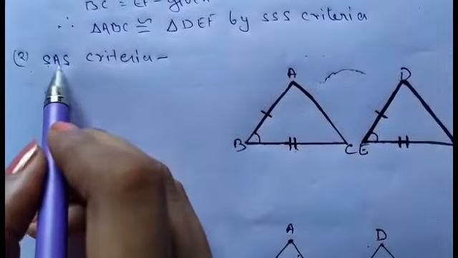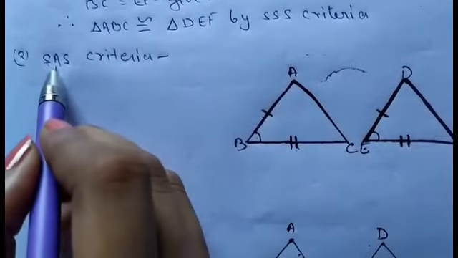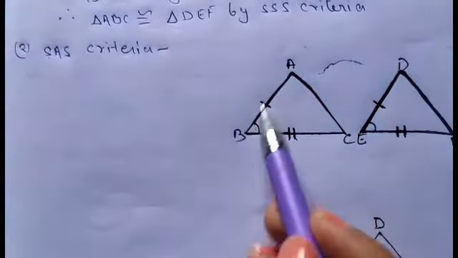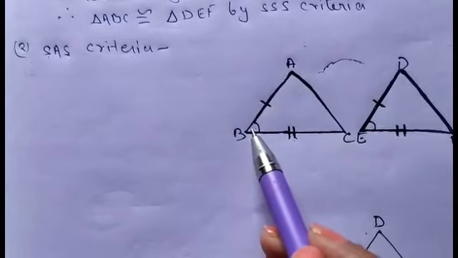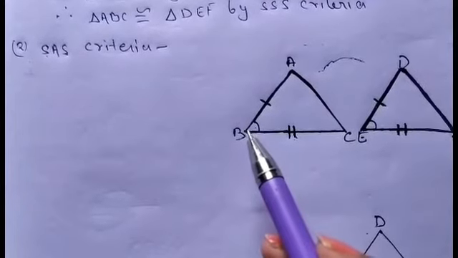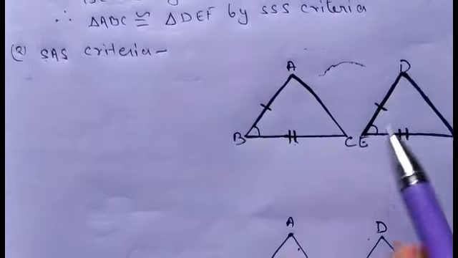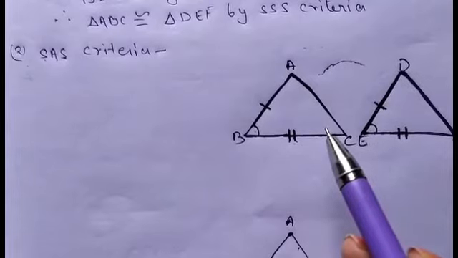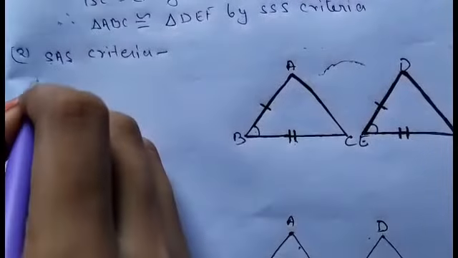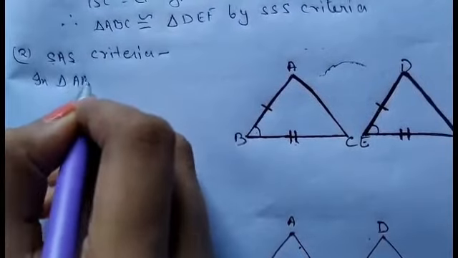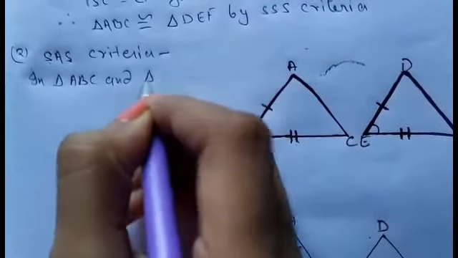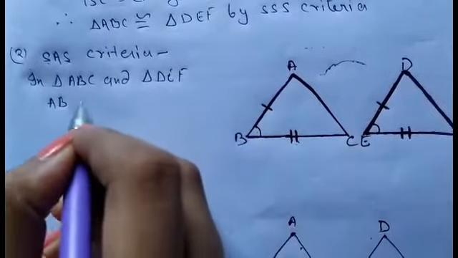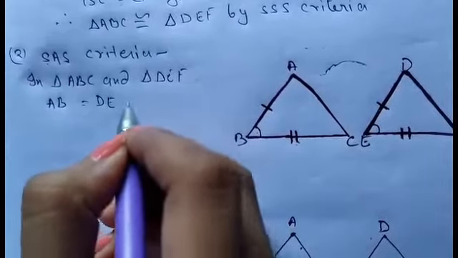Second, SAS criteria stands for side angle side criteria. If two sides and the included angle of one triangle are equal to the corresponding sides and angle of another triangle, then they are said to be congruent by SAS criteria. For example, in triangle ABC and triangle DEF, AB is equal to DE, given.